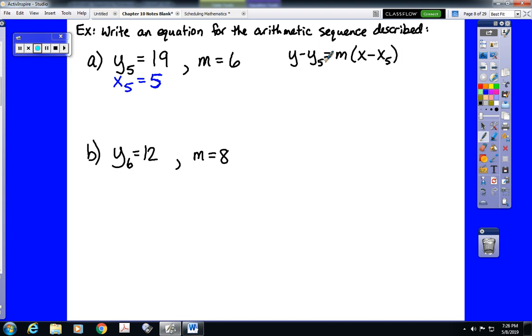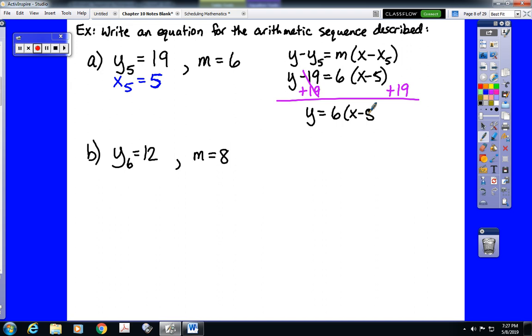Plug in what we know. y minus 19 equals 6 times x minus 5. Again, that is the equation, but I'd like you to move the 19 so that we have it in the form y equals something. So our equation should be y equals 6 times the quantity x minus 5 plus 19.